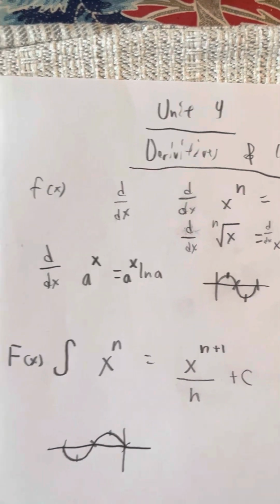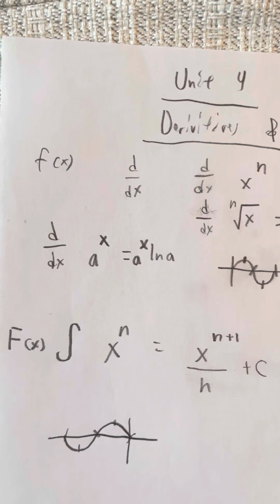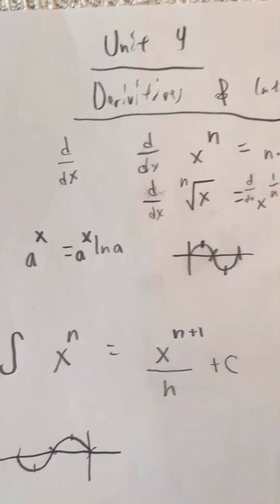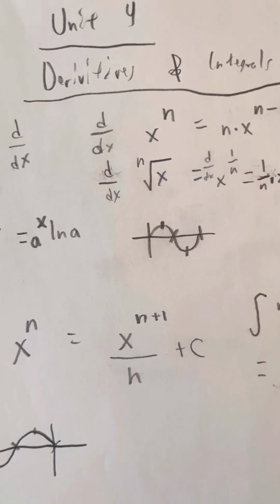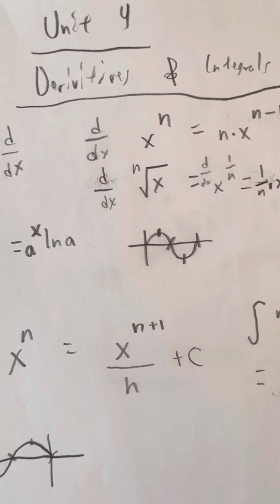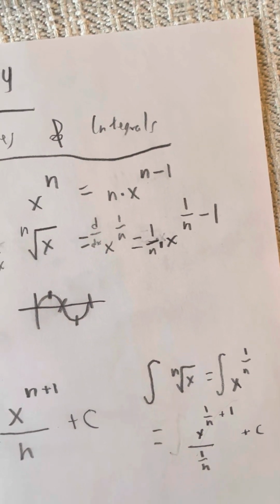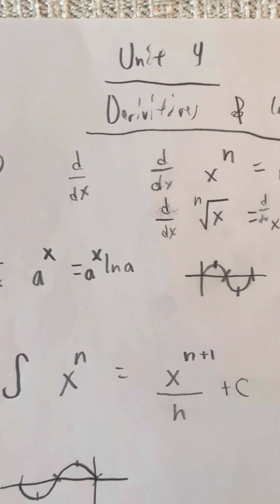Derivatives and integrals. Back to the easy stuff. For f of x, d over dx of x to the nth power is equal to n times x to the n minus 1 power.